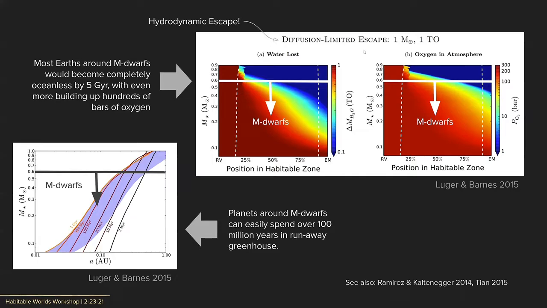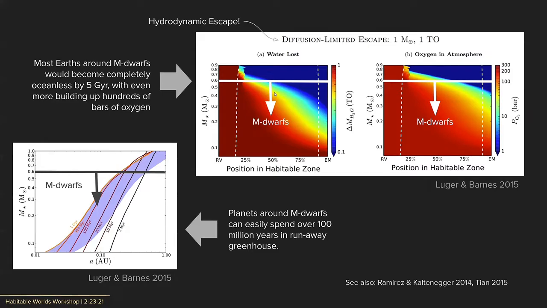And in Luger and Barnes 2015, one of the simulations that they did was that they took one Earth mass planet with one Earth ocean, one terrestrial ocean of water here, and they put these planets around stars of different masses to see what would happen to them over the course of 5 billion years.